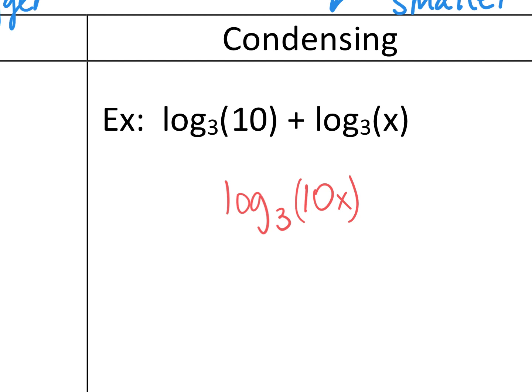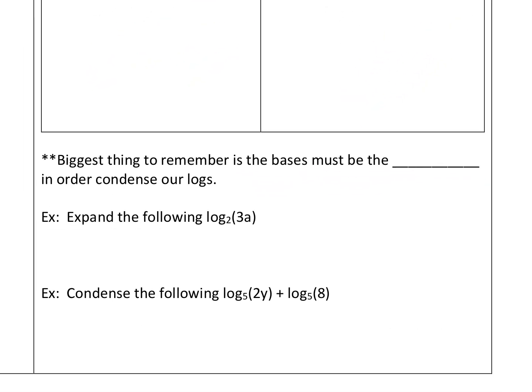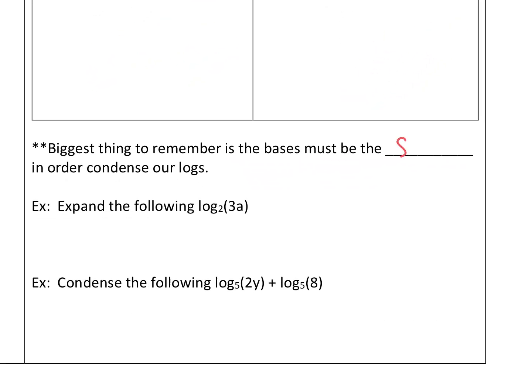So when I'm condensing, instead of breaking them apart with addition, I'm putting them back together with multiplication. Does that make sense? All right, there are 2 examples right below this box. Those are for you, so go try those. And the blank that's right here just says that the bases have to be the same, which we already talked about.